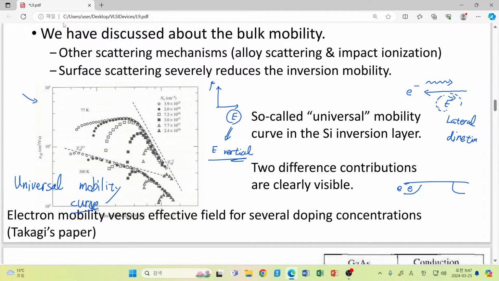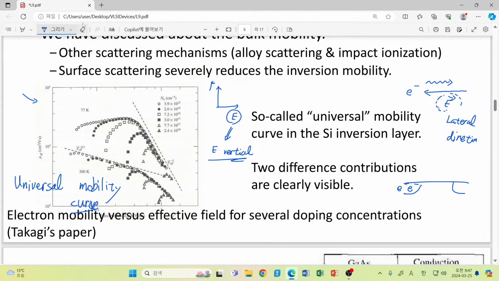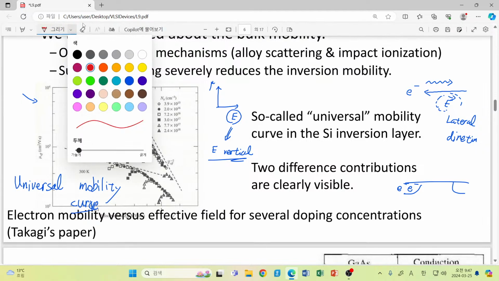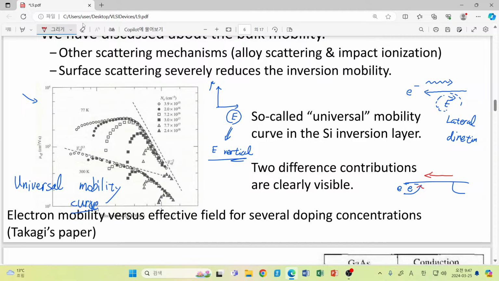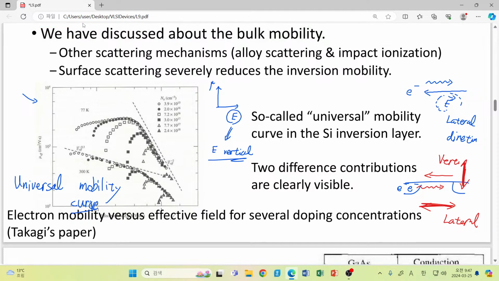Here we have a lot of electrons, and when the electric field is applied in that way, your electrons are moving that way. Usually in MOSFET, this direction is called the lateral direction, and this direction is typically called the vertical direction. That's the reason why we call it the lateral direction. A more academic term would be longitudinal direction, the direction which is aligned with its movement.